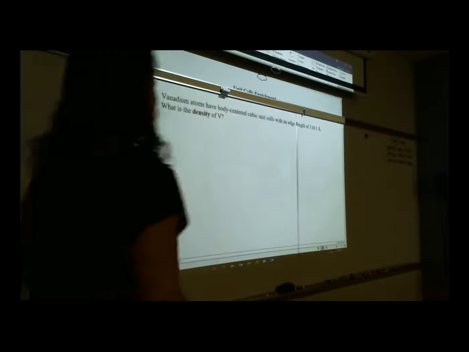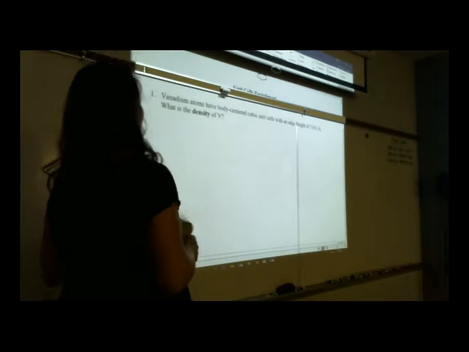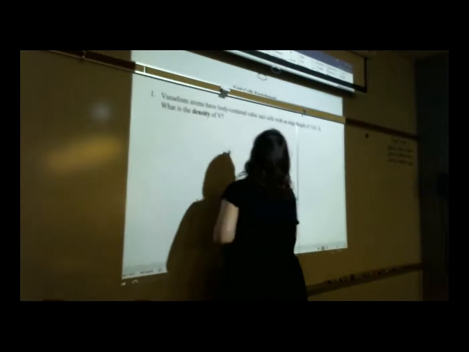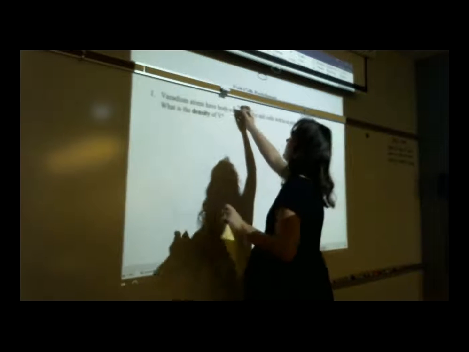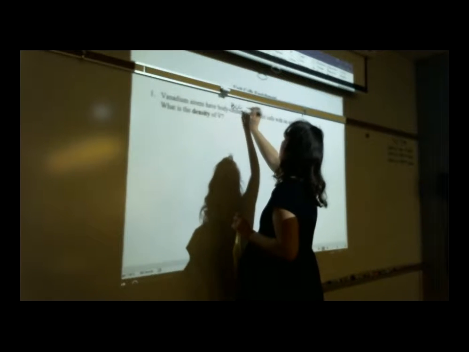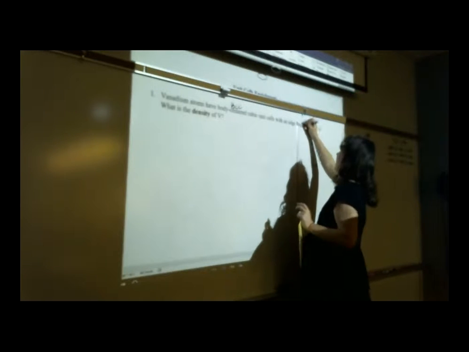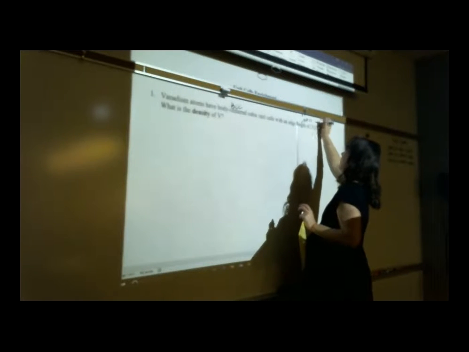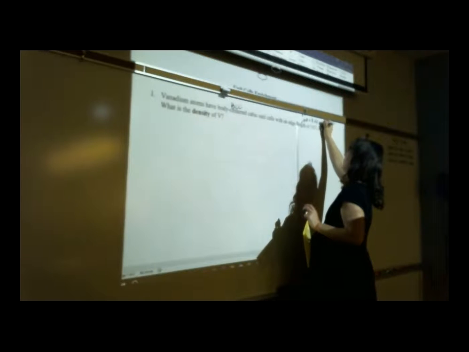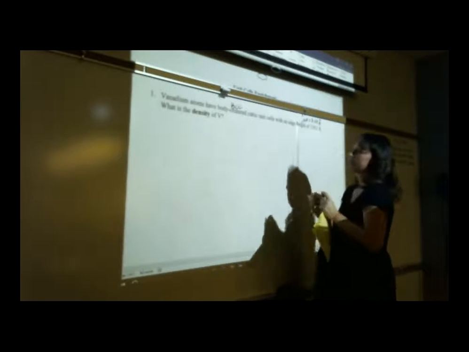All right, so number 1, we're told that it's body-centered cubic. Right, so that's BCC. And we've got the edge length, so that's a, 3.011 angstroms.